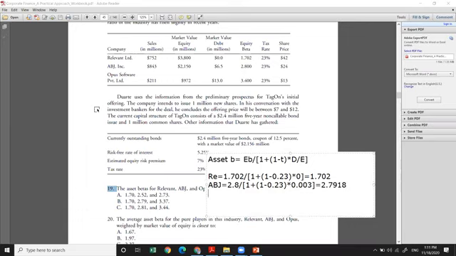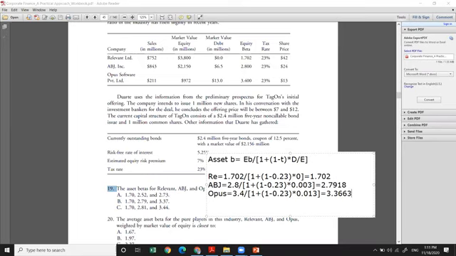And for Opus, we've got 3.4 divided by 1 plus, and here the debt equity ratio is equal to 4.013. If you calculate, you should get 3.3663.